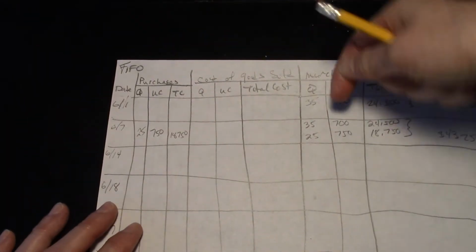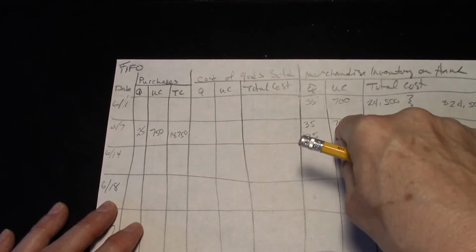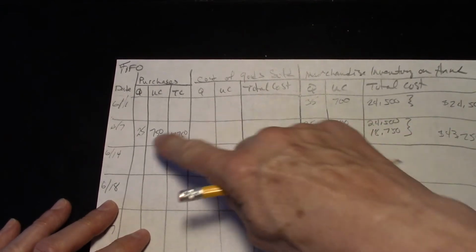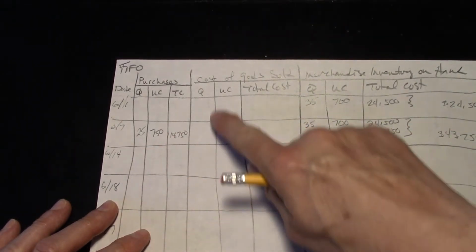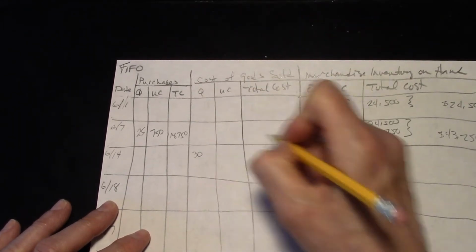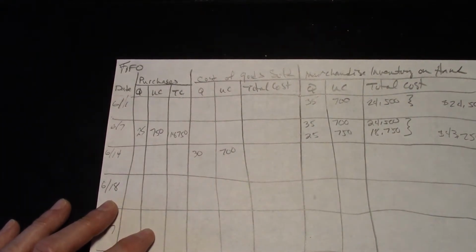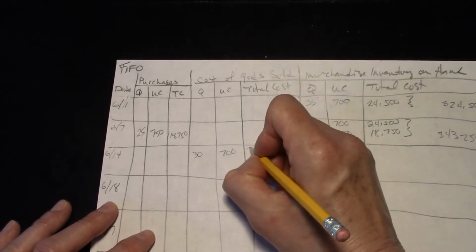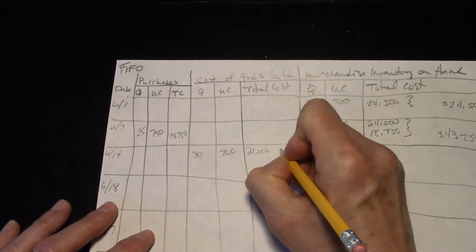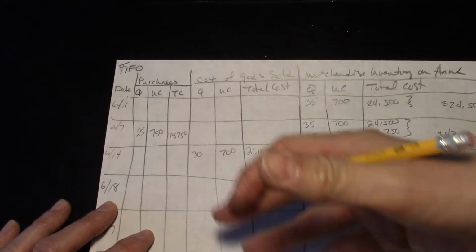If it's first in, first out, I sold 30 of the $700 ones. So on 6/14, under cost of goods sold, I sold 30 of the $700 sofas, and that would be a total cost of $21,000. I'm just going to total that here because sometimes we have multiple things to total.